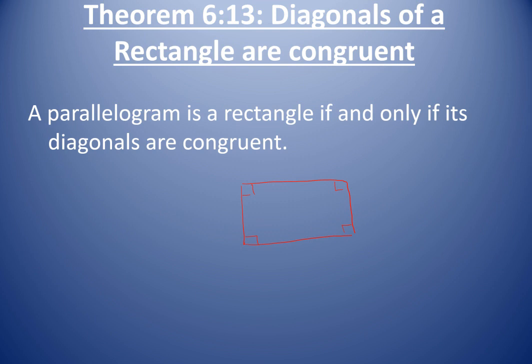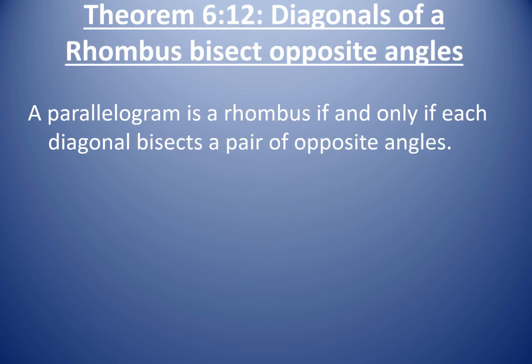Anyway, I think I skipped a theorem, but theorem 6.13 says that if you have a rectangle, its diagonals are the same length. So AB is congruent to CB. Alright, let's go find that other one. 6.12, I did pass over it.